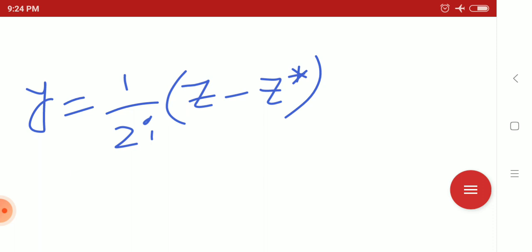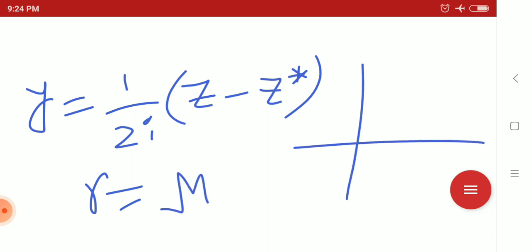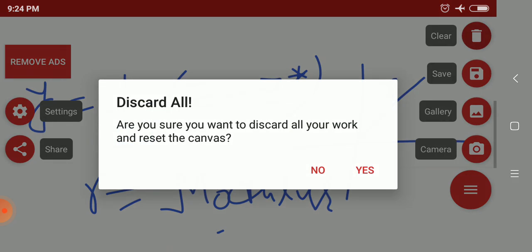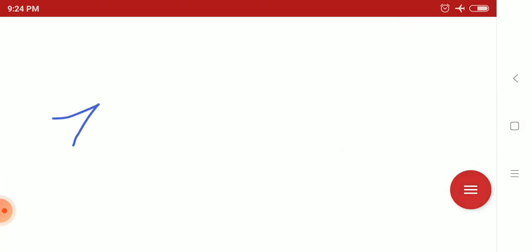Now, one important thing I forgot to tell you. What is r? We were drawing this complex Argand plane, and here we are taking r. R is actually the modulus of the complex number. Suppose you are writing z equals x plus iota y.